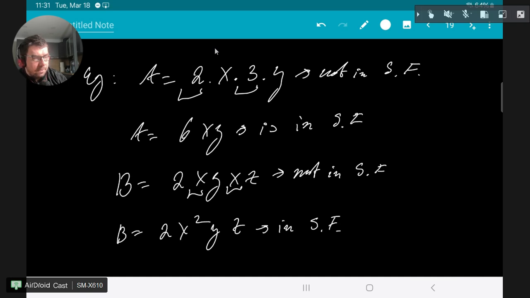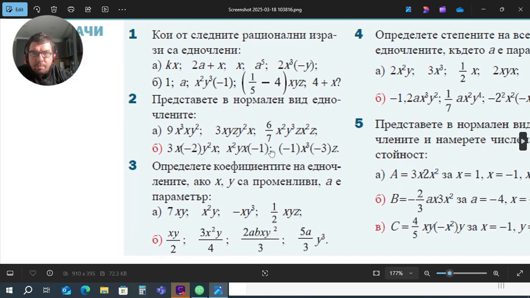Does it make sense? Okay. Now let's do another exercise very quickly. How do we write these expressions in standard form? So the first one, 9x to the power of 3 times x times y to the power of 2. I write it here. So a is going to be 9x to the power of 4, since 3 plus 1 is 4, y to the power of 2. The next one, I have 1x here, 1x here, y here, and y to the power of 2.